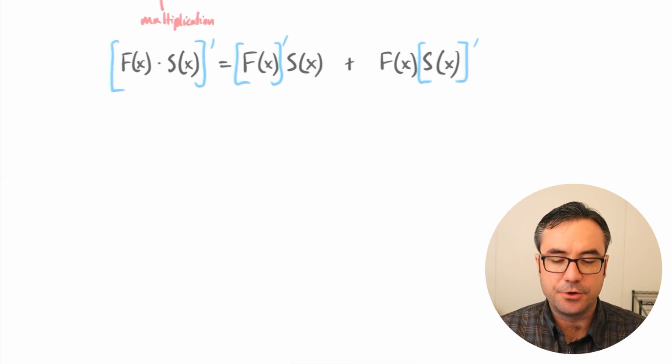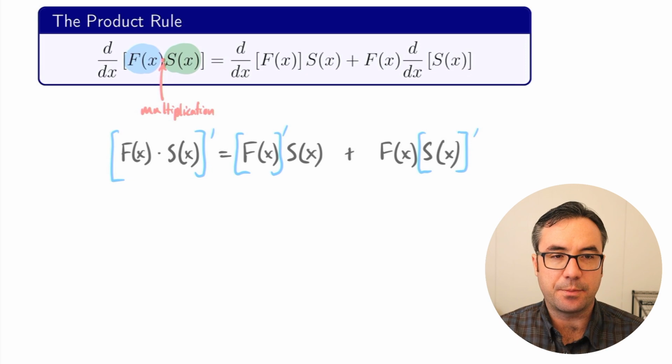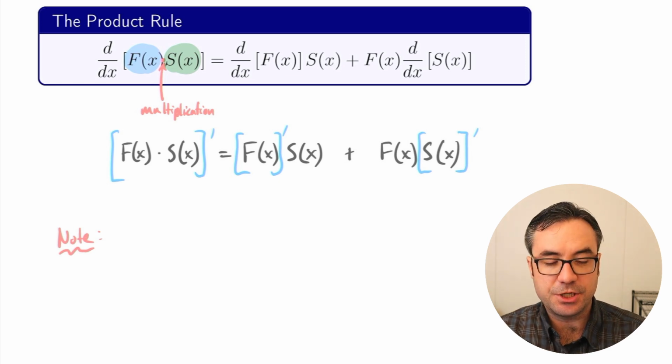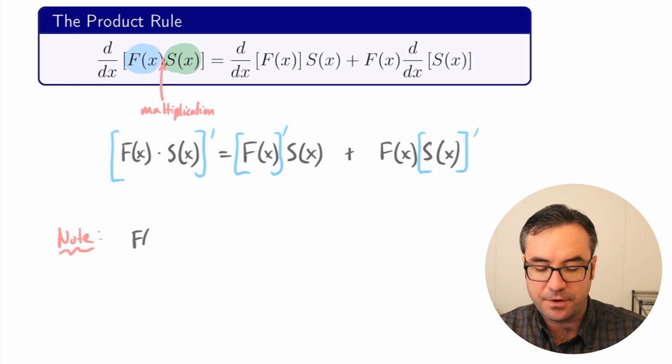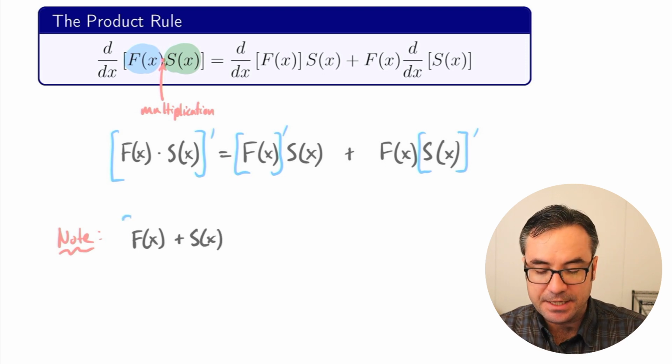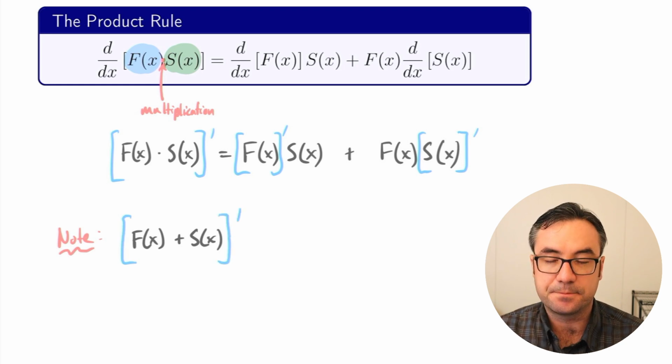So just to make a little note here as we're thinking about the product rule. We know that when we differentiate, say we have one function f of x plus or minus another function s of x, and we want to differentiate this whole thing.